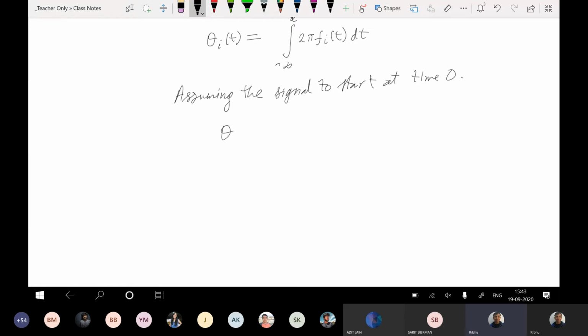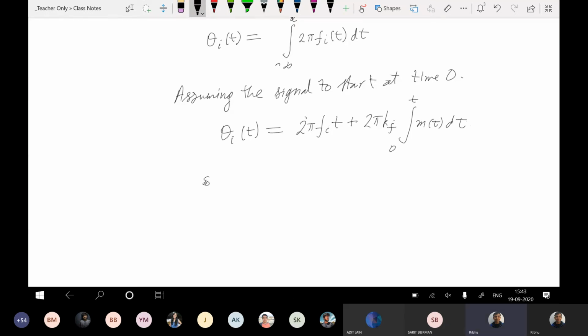There's only a causal system, not a causal signal. Theta_i(t) equals 2 pi f_c t plus 2 pi k_f integral 0 to t of m(tau) d tau.